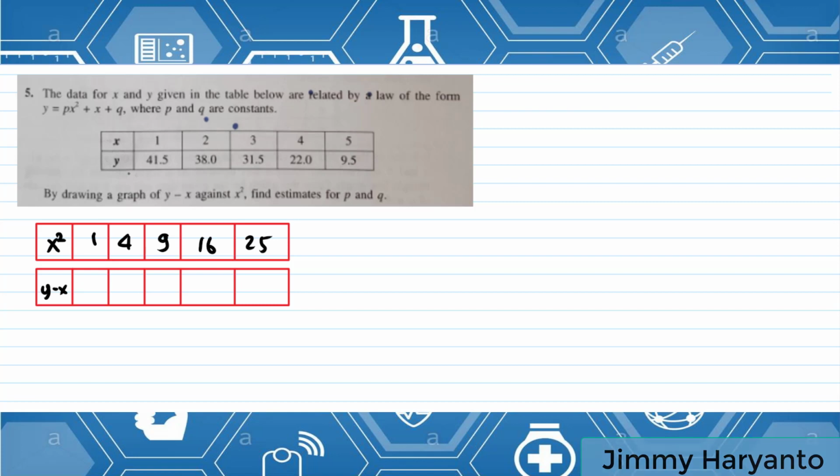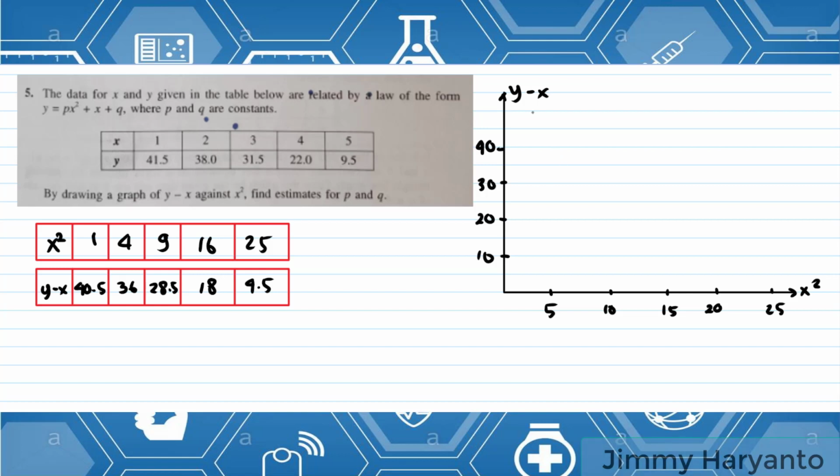For y minus x, you have to minus this y and this x. 41.5 minus 1 is 40.5, 38 minus 2 is 36, 31.5 minus 3 is 28.5, and this one is 18, and this one is 4.5. There you go, we have the proper table.